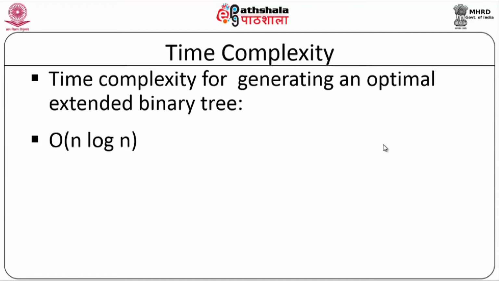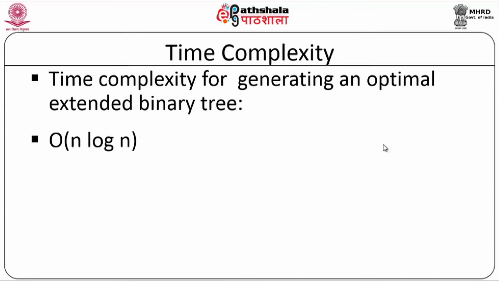What is the time complexity of this? The time complexity is order of n log n. This algorithm can be implemented using the same approach as we did for Huffman code. You can probably recollect in Huffman code we declared a priority queue using heap. Heap data structure can return maximum or minimum depending on whether it is a min heap or max heap.